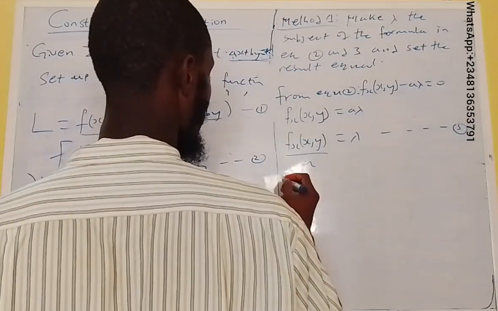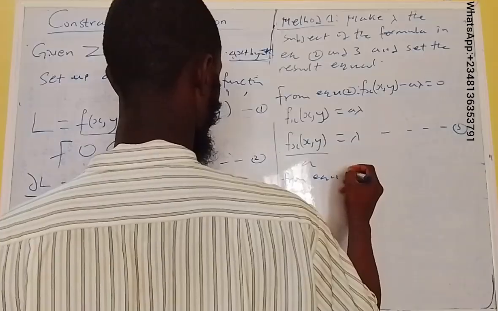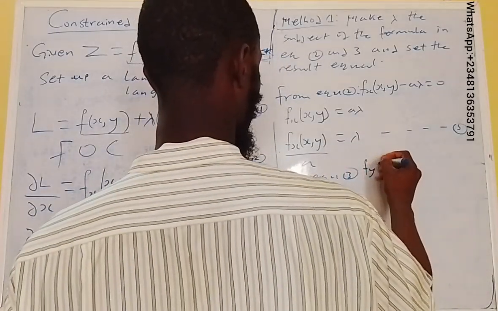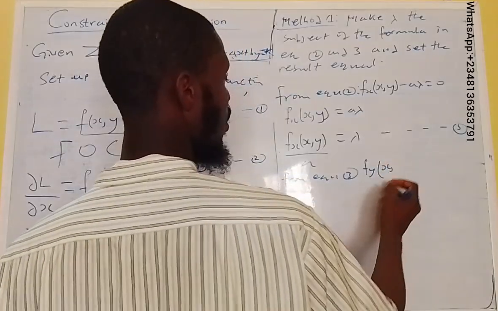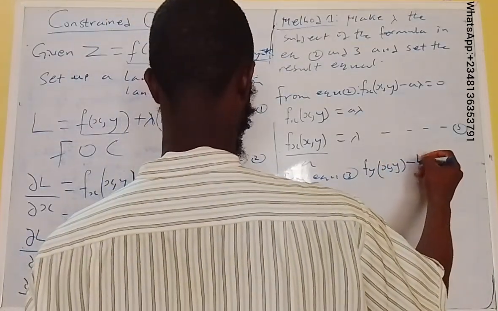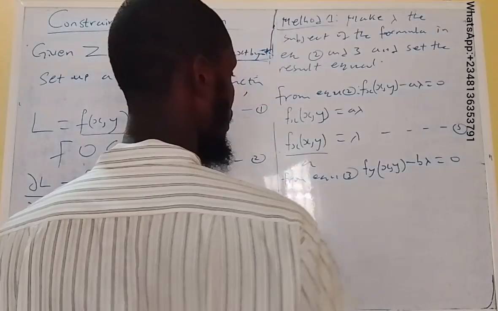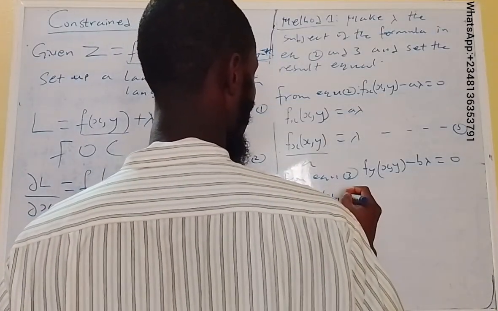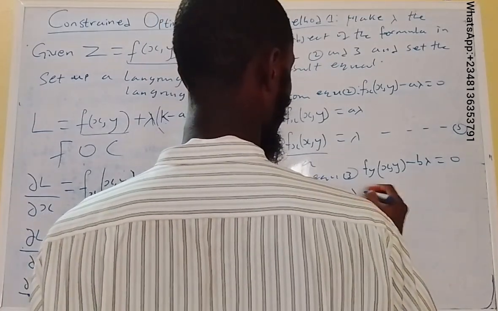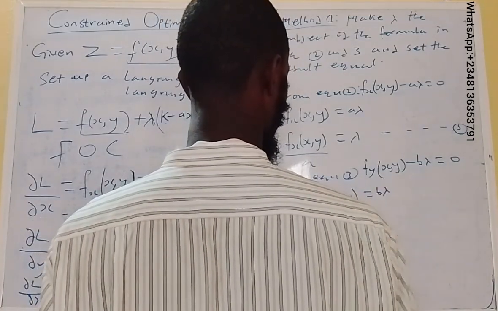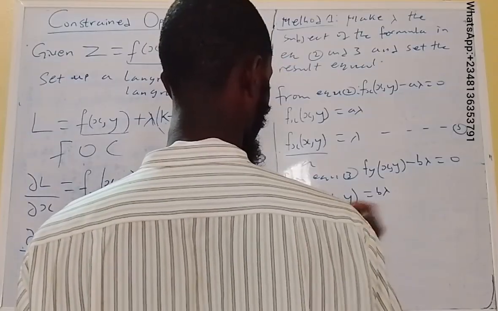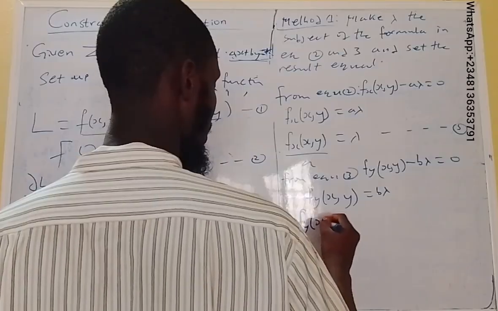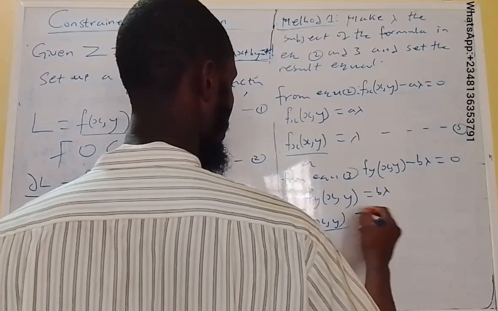Likewise, from equation 3, I will do the same thing. I have f_y(x, y) minus b lambda equals 0, so f_y equals b lambda. If I make lambda the subject, I have f_y(x, y) over b equals lambda.